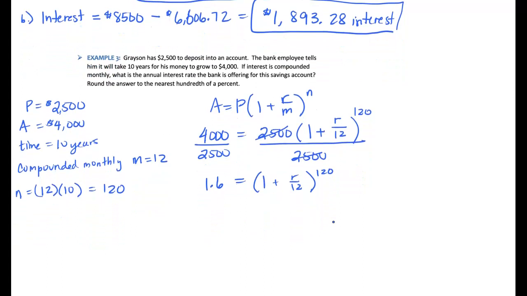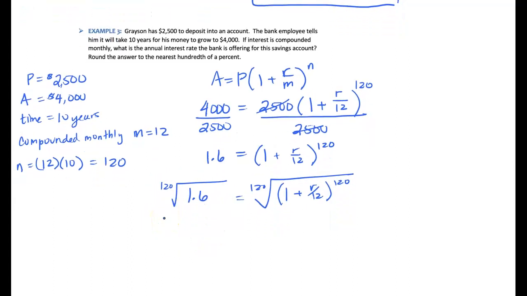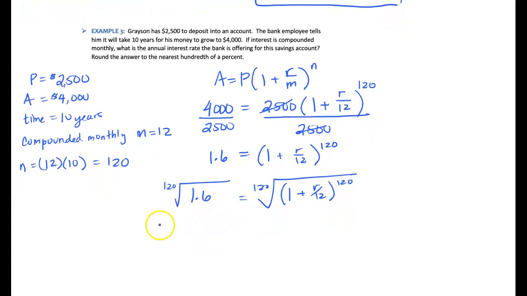To get to that variable, we're going to have to eliminate that 120th power. So we're going to take the 120th root of 1.6 and the 120th root of 1 plus r over 12 to the 120th power. Keeping as many decimals as I can, the 120th root of 1.6 is 1.003924377.